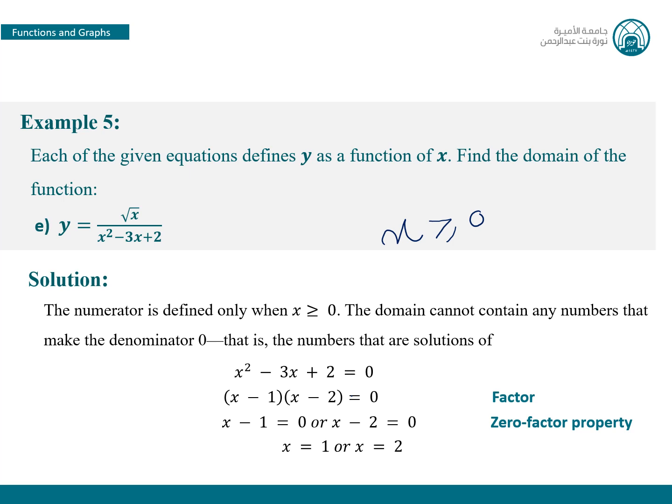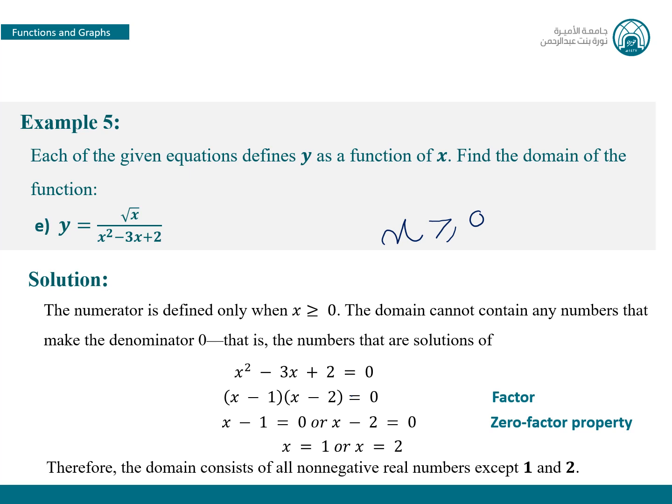Now we haven't found the domain yet. So what is the domain for that function? We have two rules.